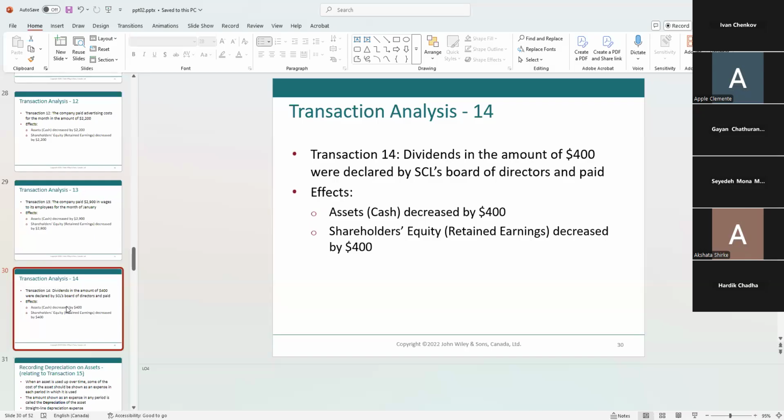Now let's see another transaction. One more to go. A dividend of amount 400 was declared and paid to the shareholders. Cash. Let's do this transaction now.